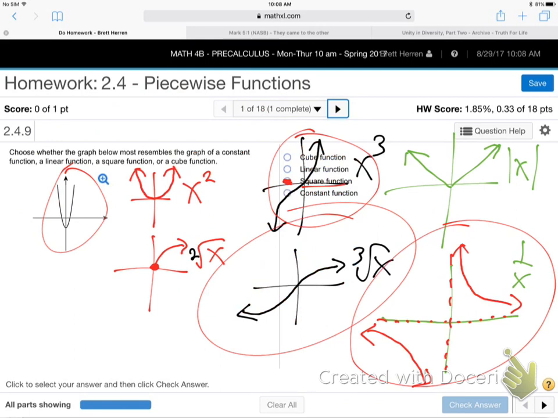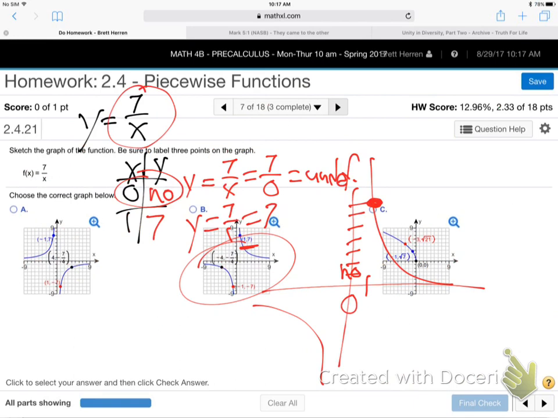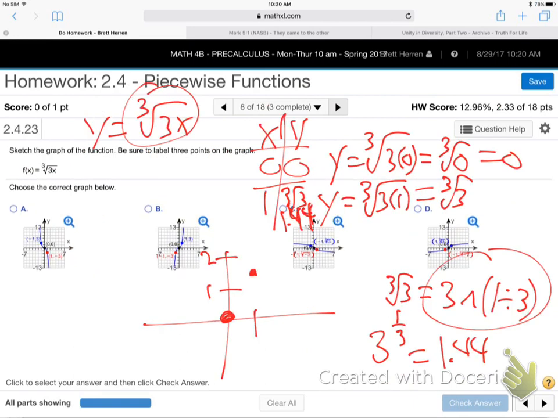The third power is the vertical snake. The cube root is the sideways snake. So he goes like that. Which graph looks like that? Looks like D, doesn't it? We good on that? I got to move.